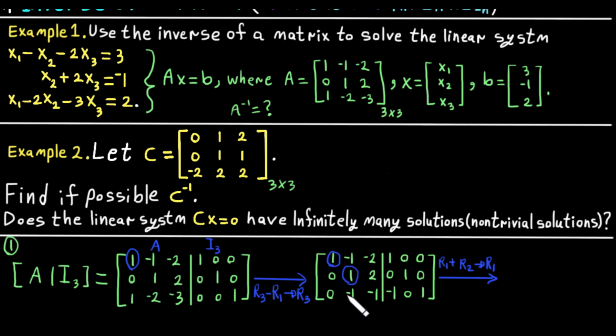To make this one 0, row 3 plus row 2 in row 3. I will speed it up to write this row because I will not change this row. I will change the color first, then I will speed it up.